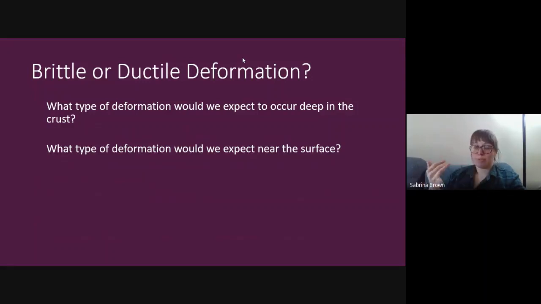Think about temperature, pressure, rock composition, and then compare that to what type of deformation we would expect near the surface, right? Think about temperatures, pressures, and potentially rock composition and compare those two.